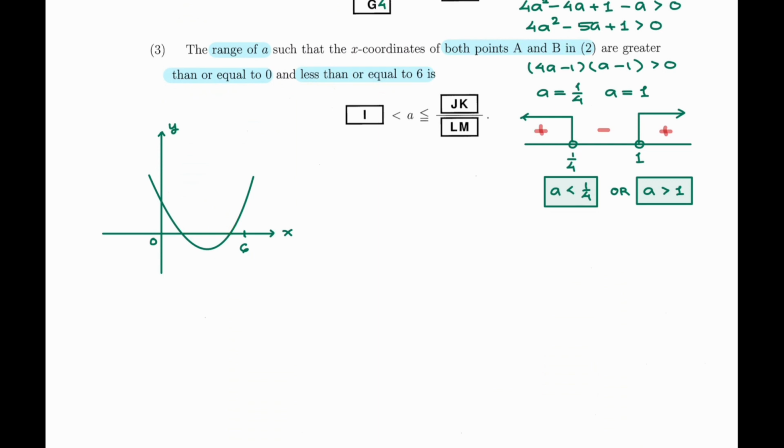So my two intersection points with the x-axis must be between 0 and 6. So this is my illustration.